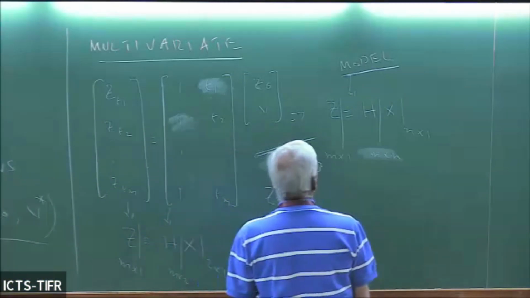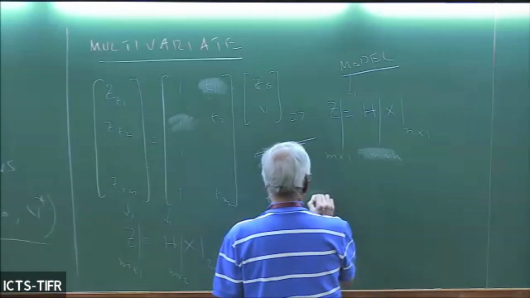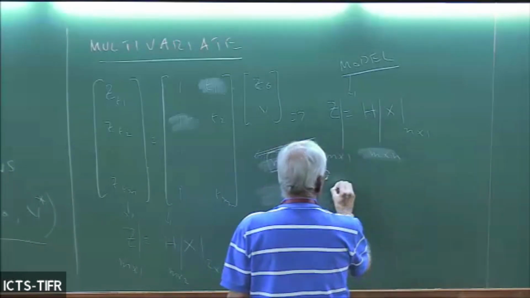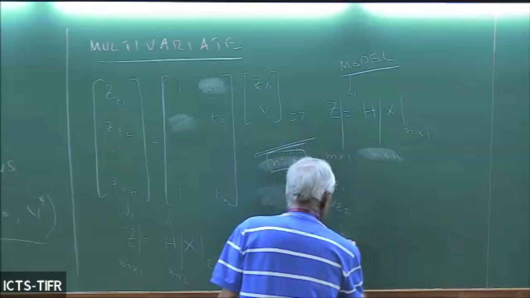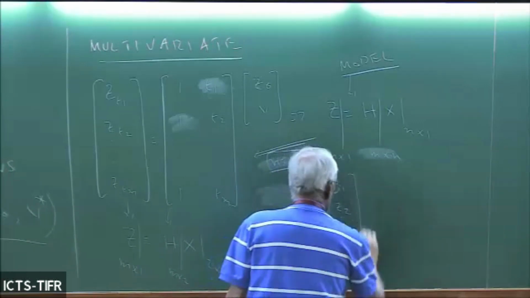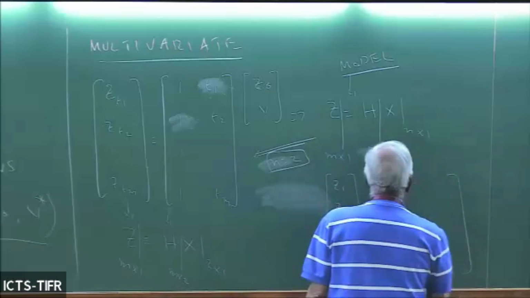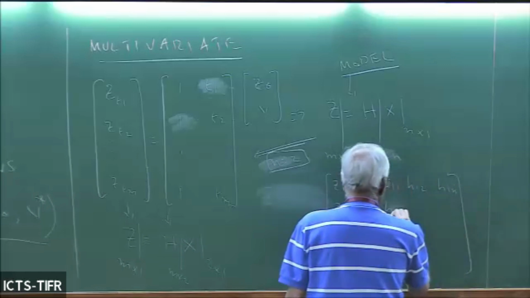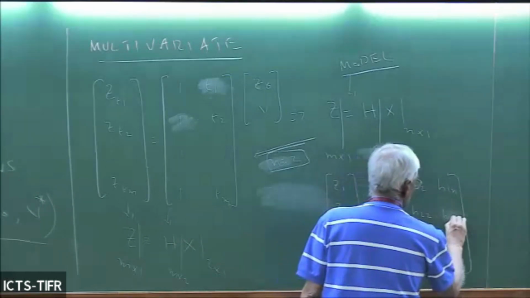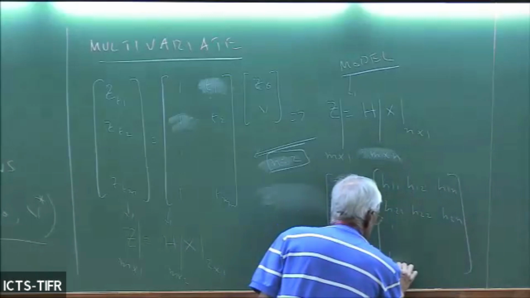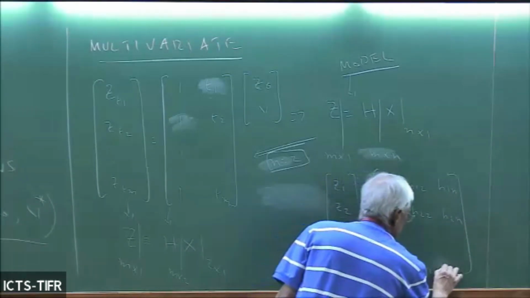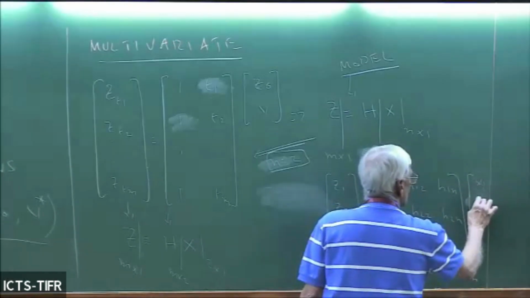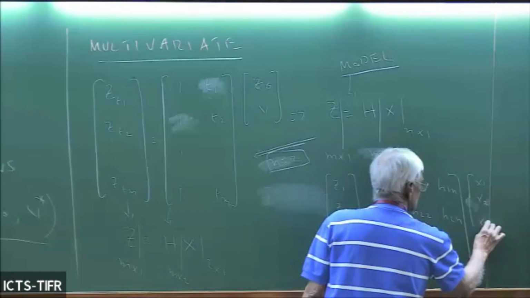Z_TI will be equal to, now let's look at this. This is Z1, Z2, ZM. This is the matrix, which is H11, H12, H1N, H21, H22, H2N, HM1, HM2, HMN. This is x1, x2, and xn.